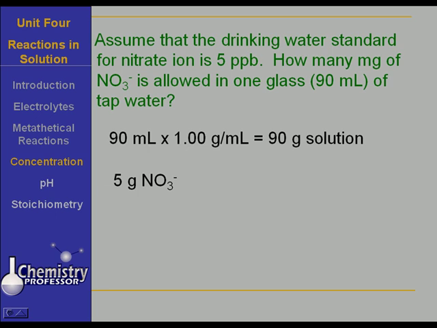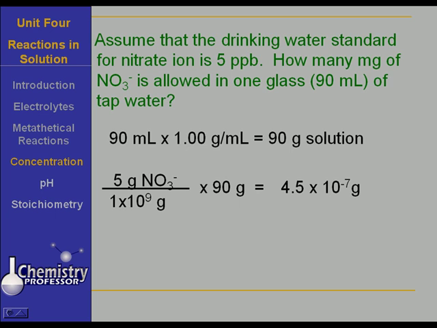5 grams of nitrate ion over 1 times 10 to the 9th, that's 5 grams of nitrate per billion grams of solution, times 90 grams, that is the mass of the whole solution when you're through, is going to give you 4.5 times 10 to the negative 7th grams. But we didn't want the answer in grams.